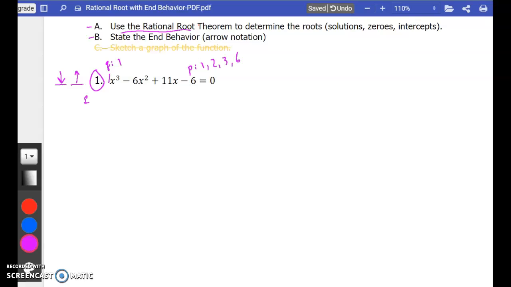So when I do my P over Q list, I have 1 over 1, 2 over 1, 3 over 1, etc. So everything's going to be over 1. So it's really just plus or minus 1, plus or minus 2, plus or minus 3, plus or minus 6.